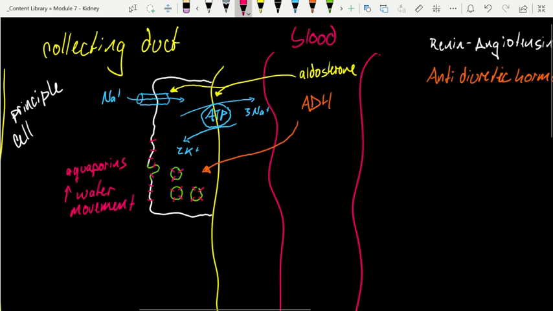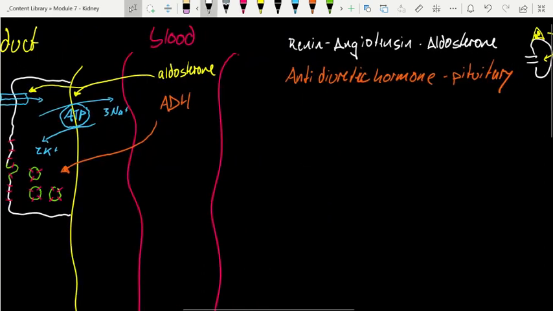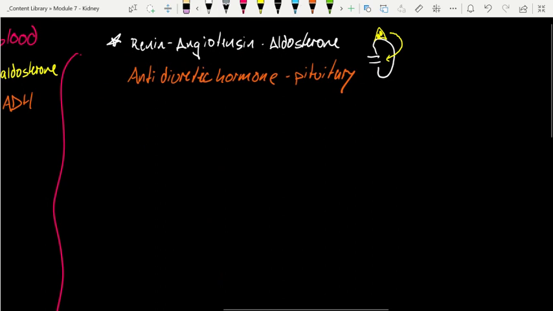Now there's one thing that I want you to recognize, and that is, in addition to the renin-angiotensin-aldosterone system as a means of causing aldosterone secretion, aldosterone in and of itself can also be caused by high potassium. So if K+ is high, that will lead to an increase in aldosterone.